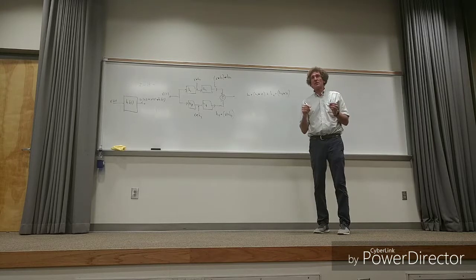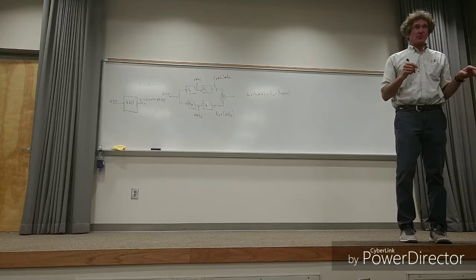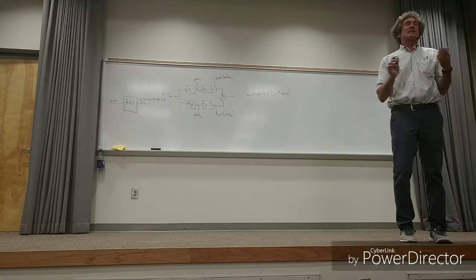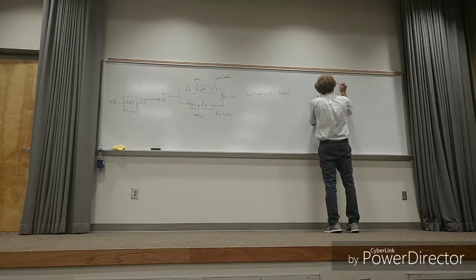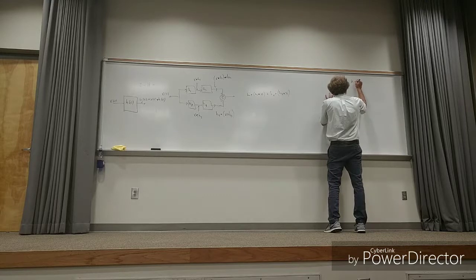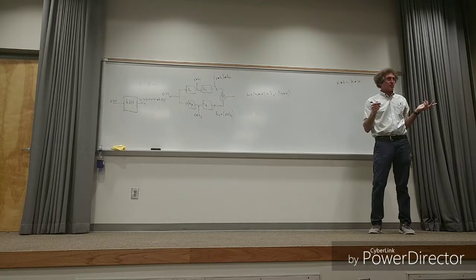Now here are some properties of convolution I didn't go through. They're shown in the book and they're relatively easy to prove. First one I said before: x convolved with h is the same thing as h convolved with x. The order makes no difference.